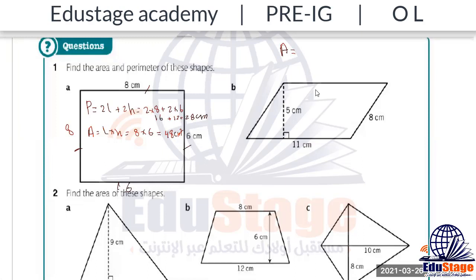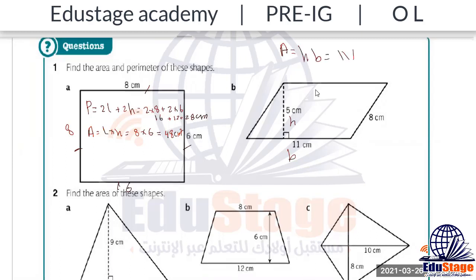Half is only used in the triangle. For the square, rectangle and parallelogram, we don't need to use half. Use half with the trapezium and the triangle. So here you just multiply the base by the height. H here is 5 and the base here is 11.